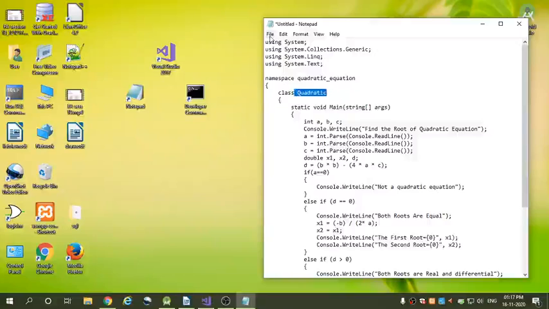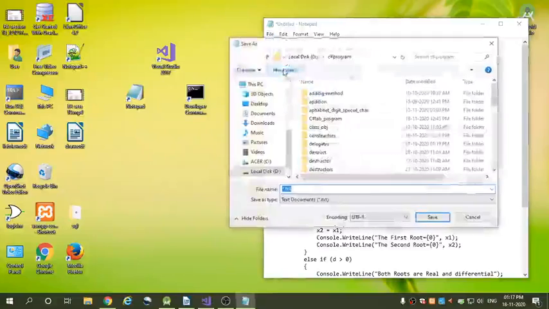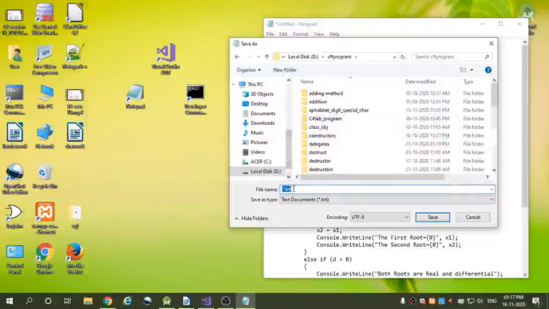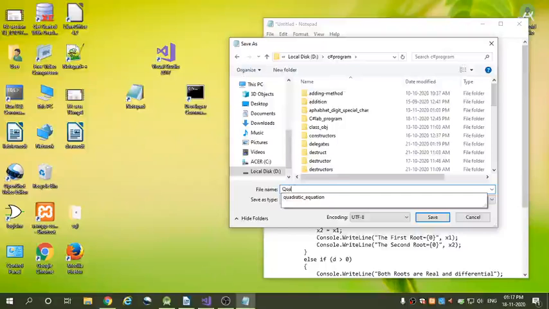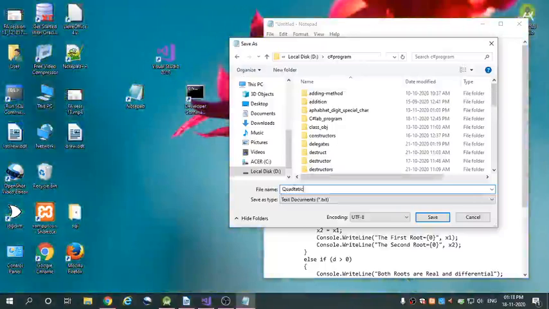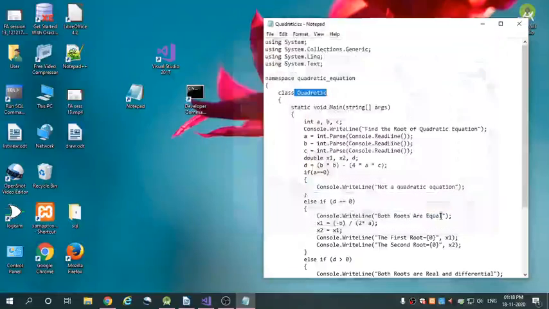Go to File, Save, go to D drive. I save this file in the C# program folder and give the file name as the class name, quadratic.cs, and give the extension .cs for the C# file and click on save.